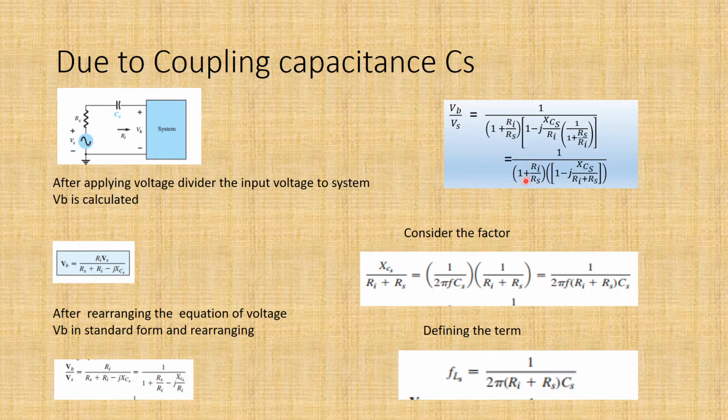So you rearrange in such a term that you get a magnitude part and a phase part. That phase part is considered, and we are going to find out the frequency from this phase part, Xc upon Ri plus Rs, which turns out to be giving you the cutoff frequency due to Cs. So 1 upon twice pi Ri plus Rs into Cs, that is the cutoff frequency.